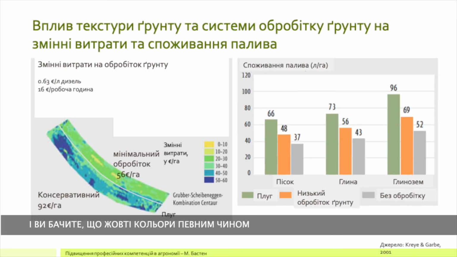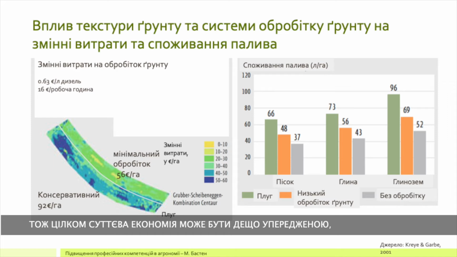And you see the yellow colors mean low variable cost, and the dark blue colors mean high variable cost on the spots. And on average, they concluded that the variable cost to till the land in a conventional manner is about 92 euros per hectare, and with low till, reduced tillage, 56 euros per hectare.